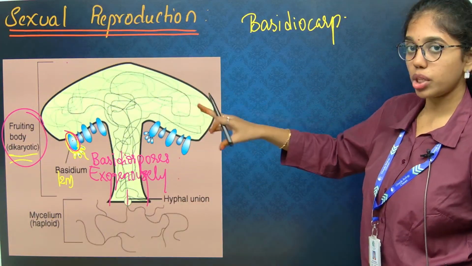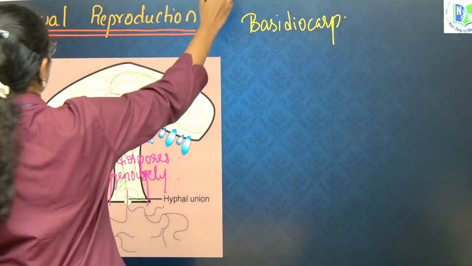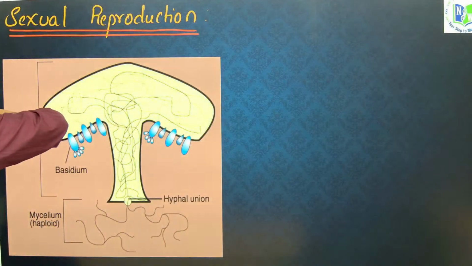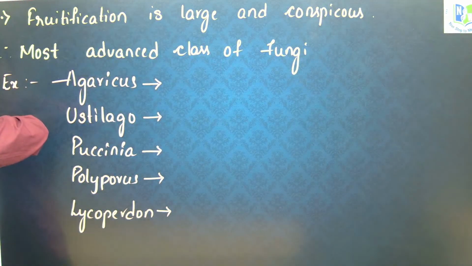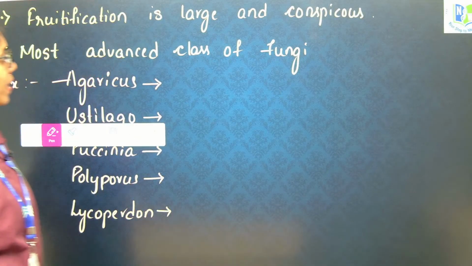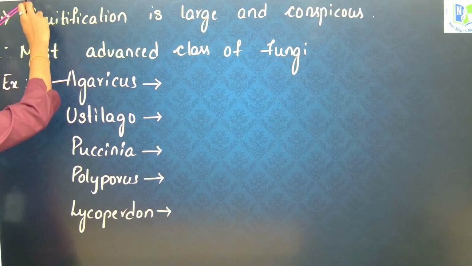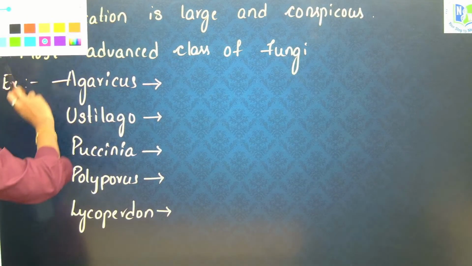So this is the sexual reproduction of Basidiomycetes. As this is the most advanced class of fungi, the fructification is large and conspicuous.